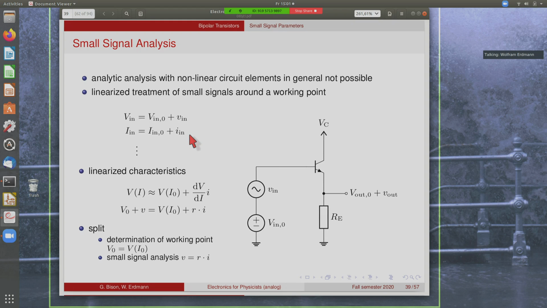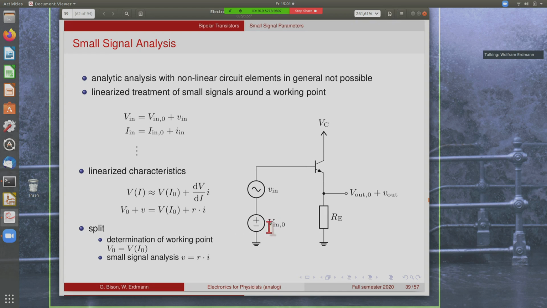So for instance, we take this emitter follower here, and we define some working point, V in 0, and only look at small deviations from it, which we then call V in with a lowercase v. This will then result in a current that is the working point current plus a small current change. So this is here symbolized by these voltage sources.